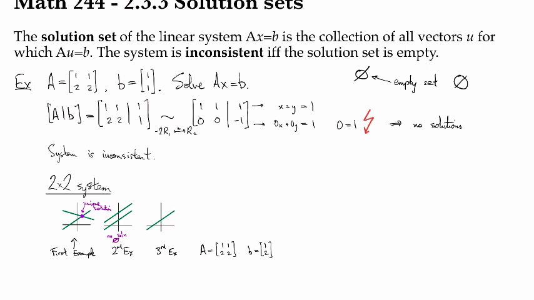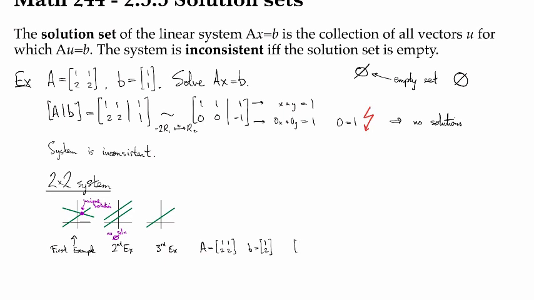Well, in this case, the augmented matrix reduces to a row of all zeros. And so what we end up with is just a single equation.